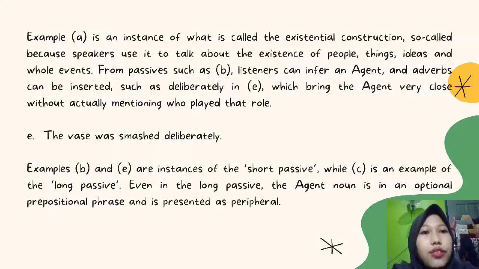E, Emma was attacked deliberately. Examples B and E are instances of the short passive, while C is an example of the long passive. Even in the long passive, the agent noun is in an optional prepositional phrase and is presented as peripheral.